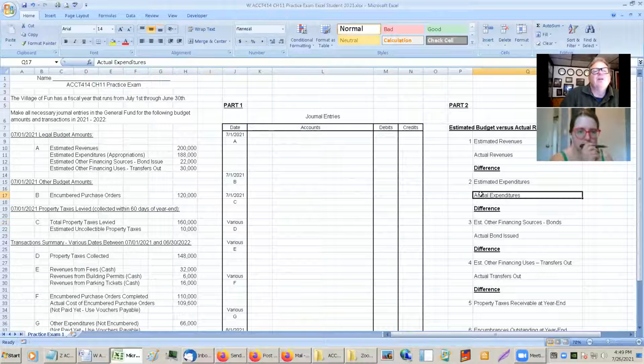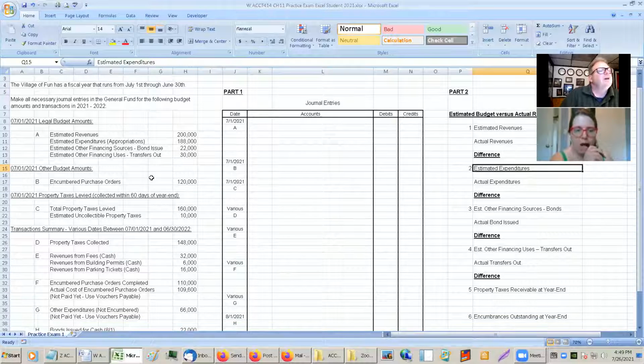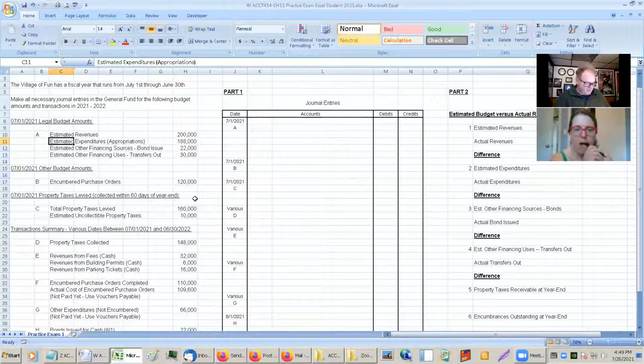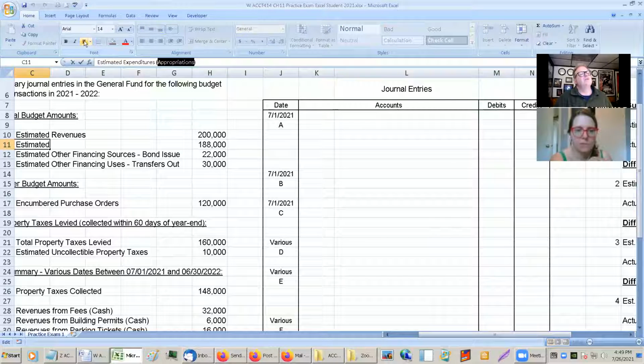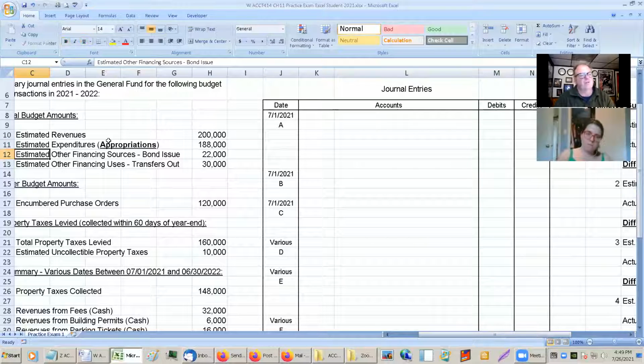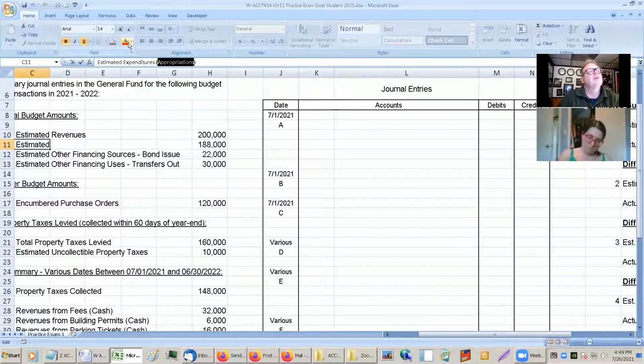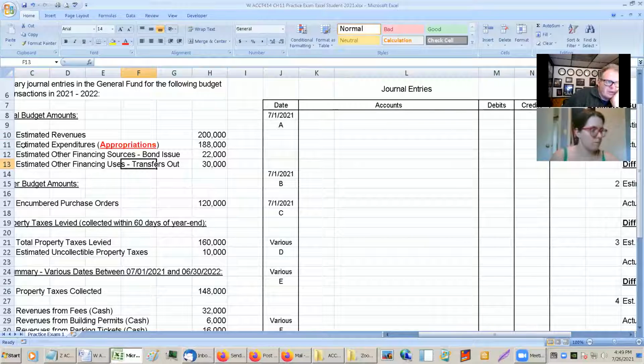The big one there is estimated expenditures and actual expenditures. The estimated expenditures are the appropriations. I think I told you that they're very big on using that name. So when you see estimated expenditures, make sure you use the name appropriations on the journal entry.